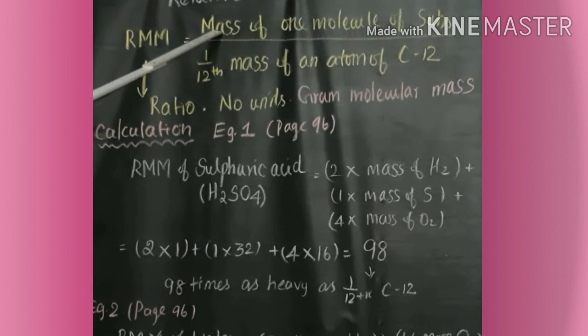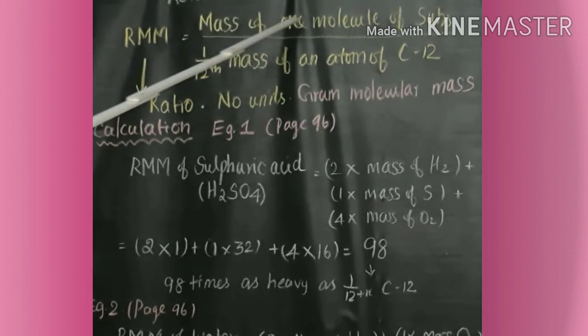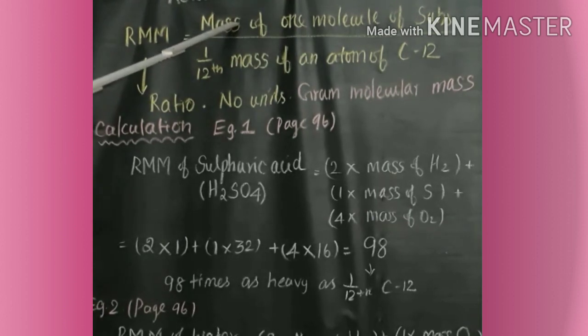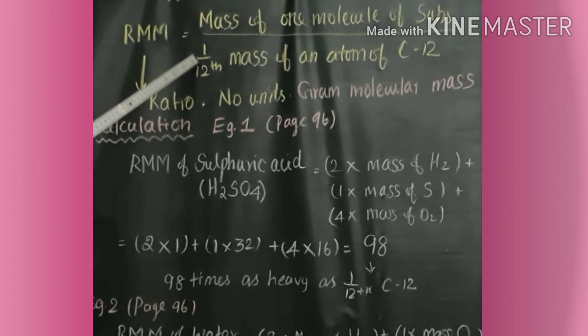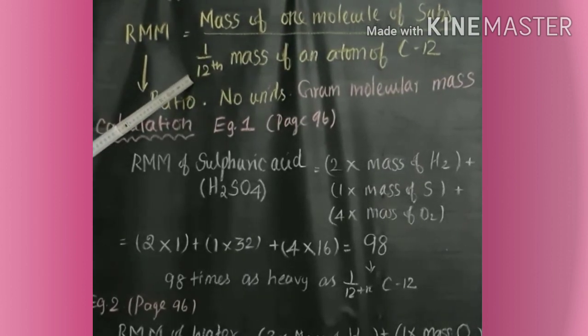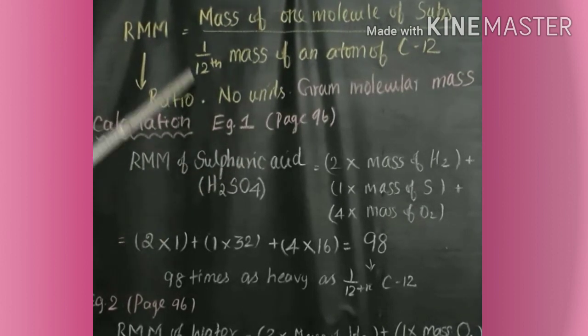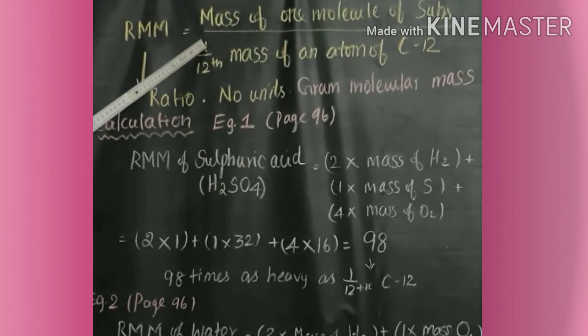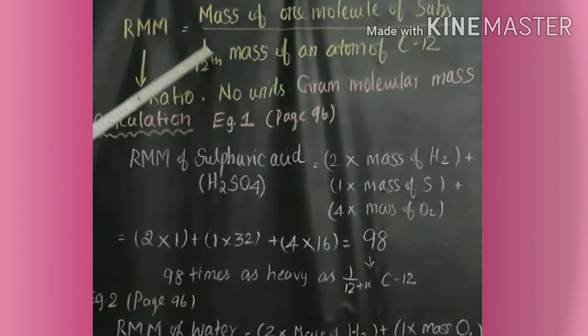First, in the numerator we are taking the mass of one molecule of the substance, or the atomic mass. First you have to take that in the numerator, and come to the denominator. Here we are writing 1 by 12th part of the mass of an atom of C12.